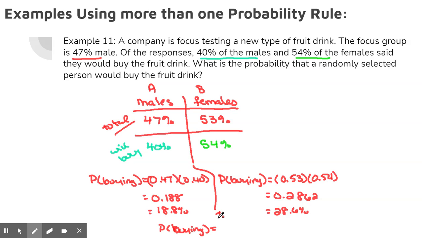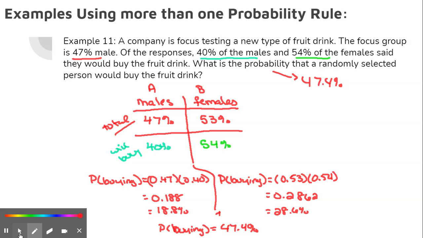And that would give us 47.4% that someone is randomly going to buy the fruit drink. And again, if I asked you what's the probability of them not buying, you would then subtract it to find the complement. Hopefully this video of the examples helps you out.